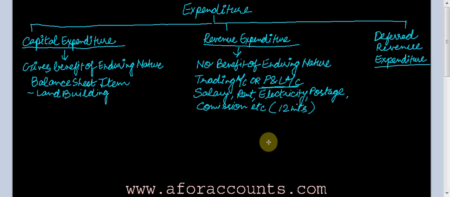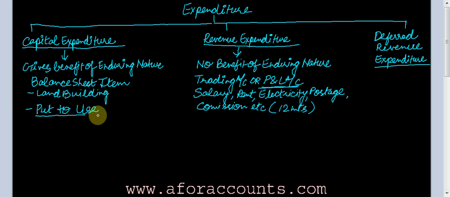Okay, now sometimes some revenue nature expenditures also are capital expenditures. Now this is very important for accounting. Just remember one phrase: put to use.